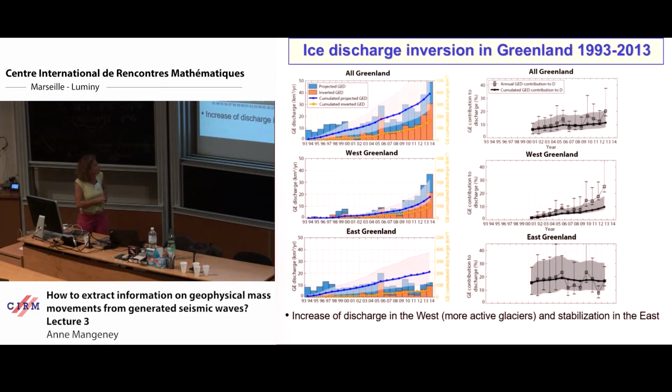So what we see is that in Eastern Greenland, there is a constant value of discharge and sometimes a decrease. And in West Greenland, we have a strong increase of ice mass loss.